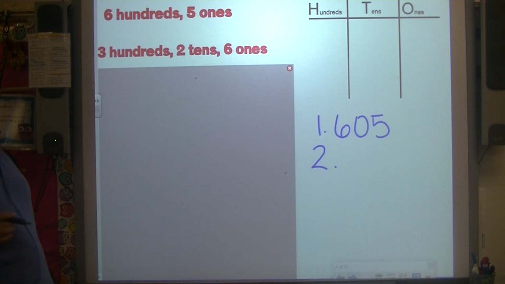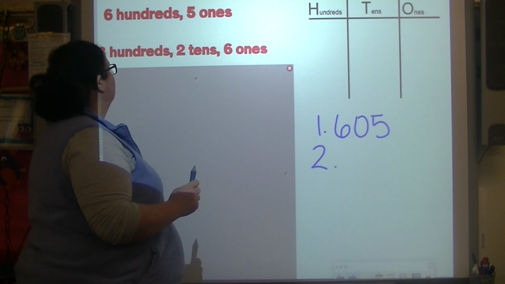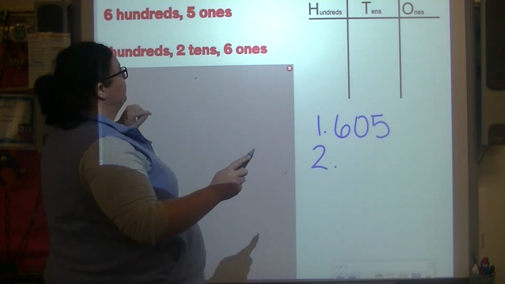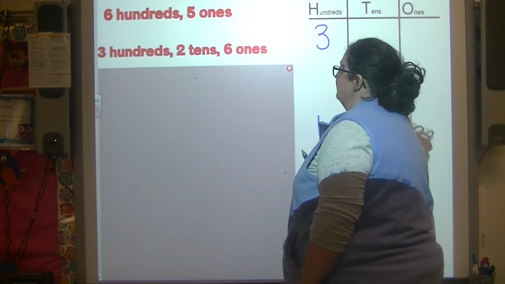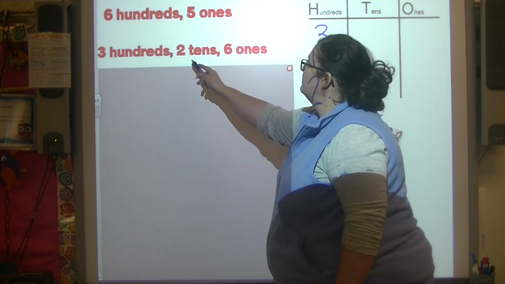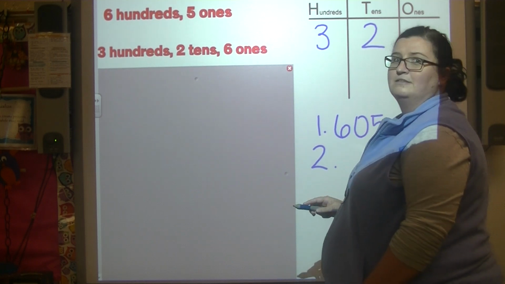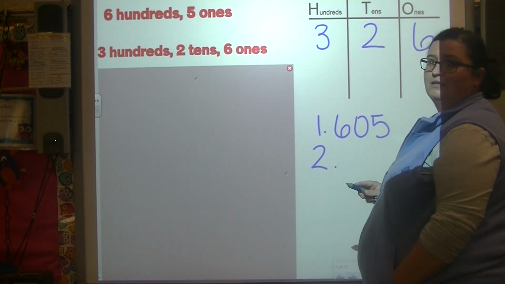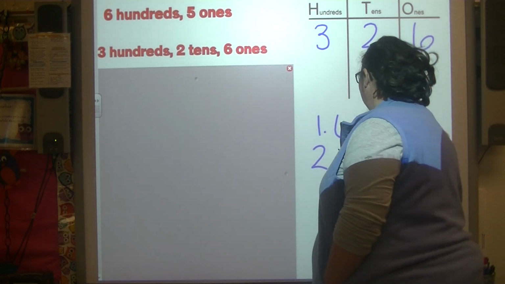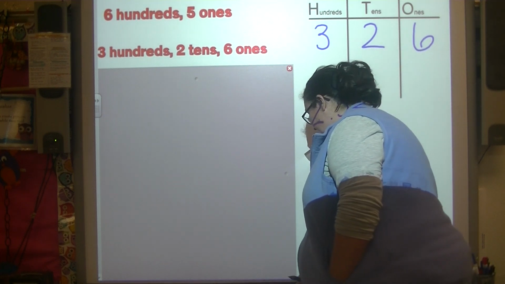All right, what digit should we have in the hundreds place? The 3. What digit should we have in the tens place? The 2. What digit should we have in the ones place? The 6. What number? 326.